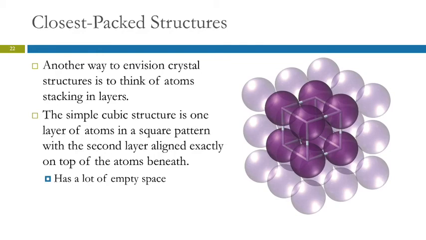So a simple cubic structure has, let's look at this top layer. It has the atoms arranged in rows and columns. So in a grid shape, they're all just lined up with each other. That's not the closest thing. That's not what marbles would naturally do, but you can get them to do that, right?